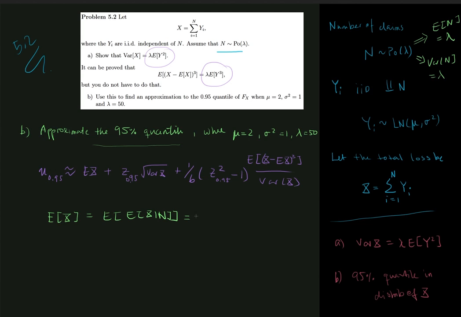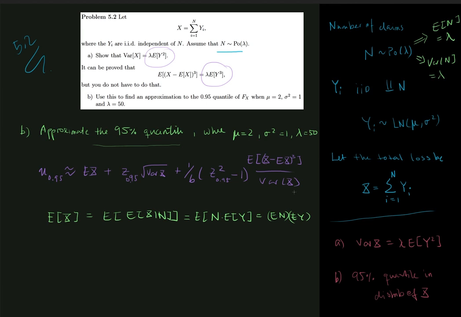So the mean of x given n is equal to n multiplied by the mean of yi, which is just the mean of y. So the mean of x is equal to the mean of n multiplied by the mean of y. And that will probably be useful in our calculations.